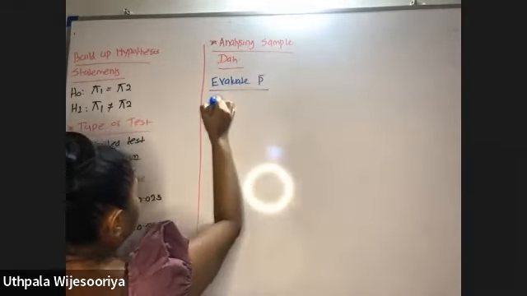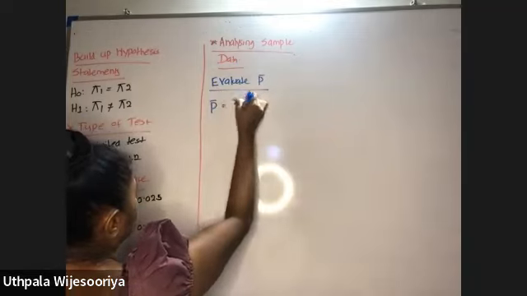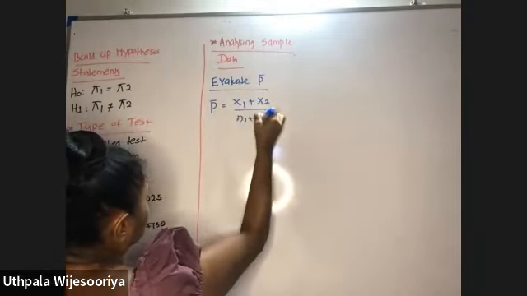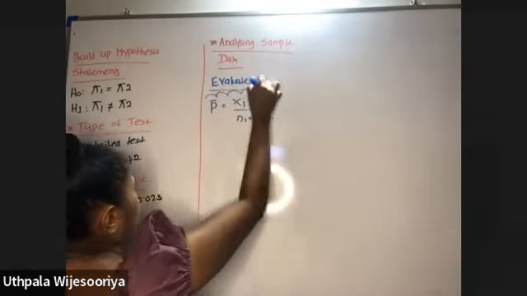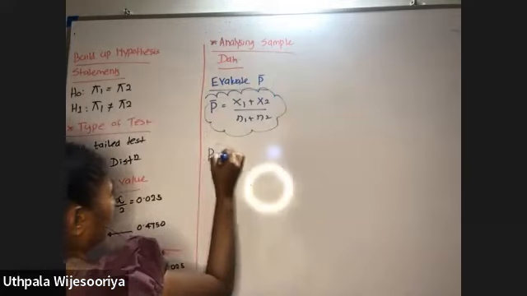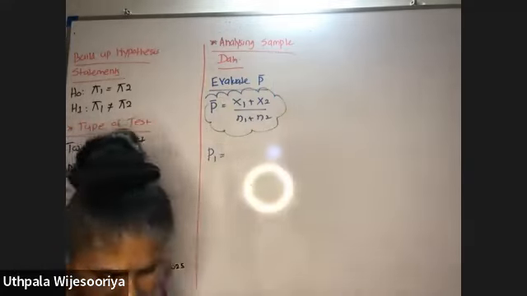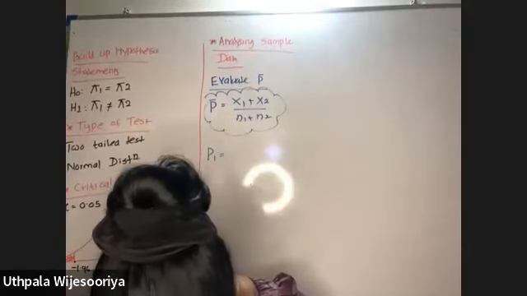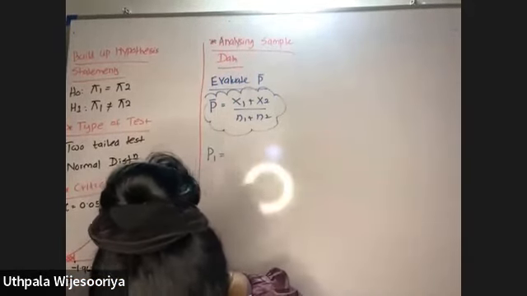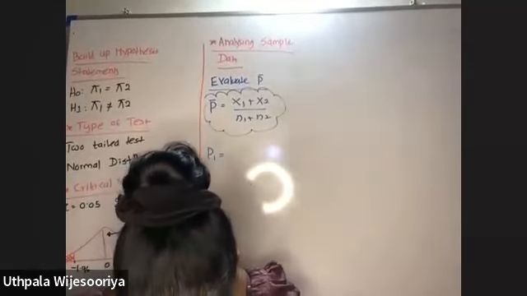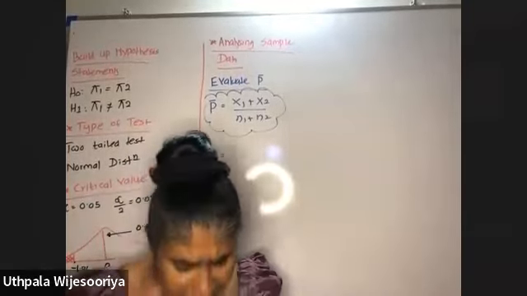So what is your P bar? P bar is equal to x1 plus x2 over n1 plus n2. Your proportion 1, P1: a sample of 1,000 drawn from machine A. So how many defectives are there? 250 items from machine A.